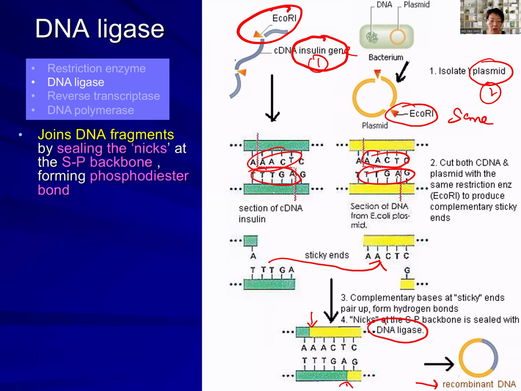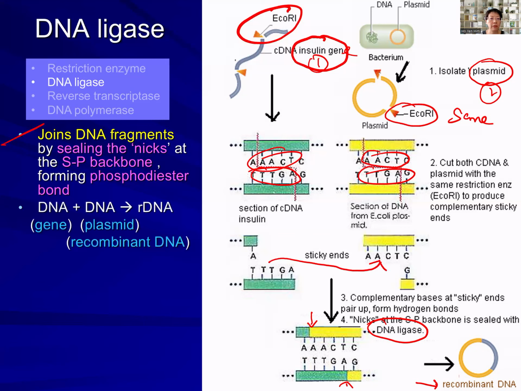Right? So DNA ligase joins DNA fragments by sealing the nicks at the sugar phosphate backbone to form phosphodiester bonds. So DNA, which is the gene here, will be added to DNA, which is the plasmid, to form rDNA, which is a recombinant DNA.